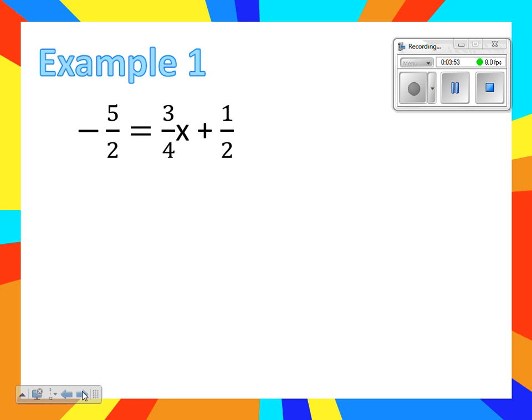I will tell you that this is a problem that you can solve right now. This is one like we looked at yesterday. But what I'm going to use it for is, A, to remind you of what we're doing, and B, to show you the new way to write. So, step 1, parentheses.